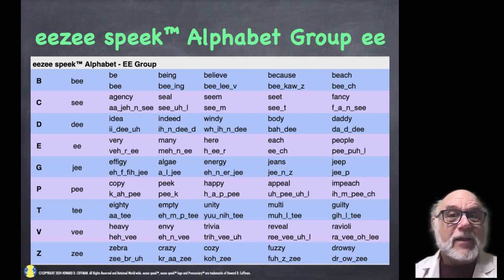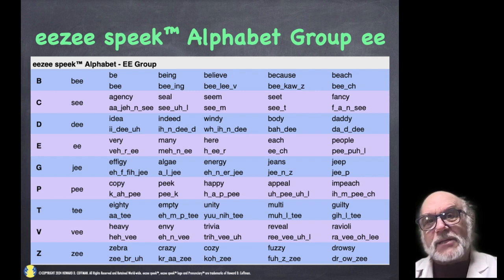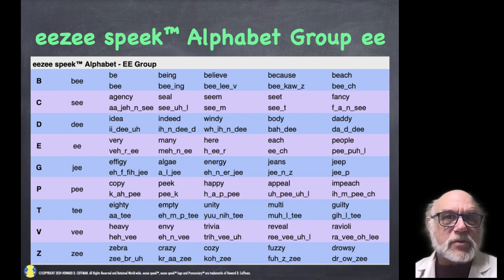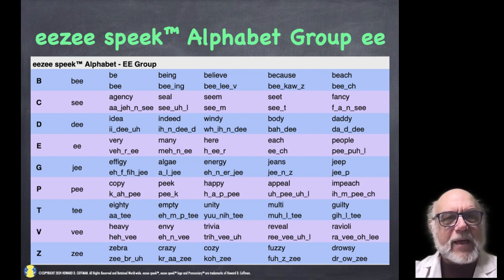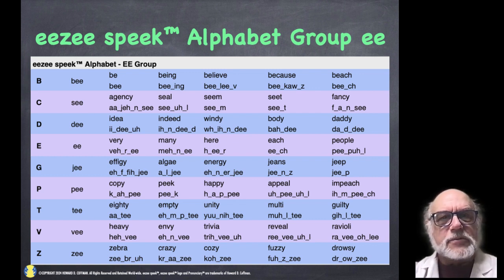I just want to say we're looking at 9 out of the 26 letters. 35% of the English alphabet has at least half of its sound in the letter E. So this sound group contains B, C, D, E, G, P, T, V, and Z. What we'll do is we'll go through each sound, each letter, practice the sounds, and then have 6 practice words.